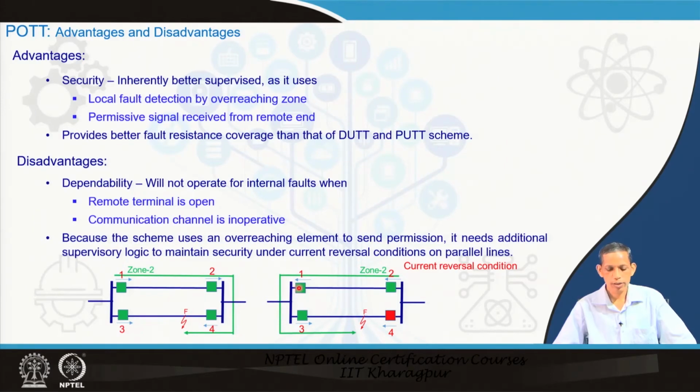So, in general, they will not operate, as you have seen in the PUTT schemes. But in the first case, zone 1 has already sent a communicated zone 2 detection, and if that signal is used here and now relay 2 finds it in zone 2, then there will be a conflict of interest, and that may lead to maloperation. Therefore, additional supervision is required in this kind of situation.